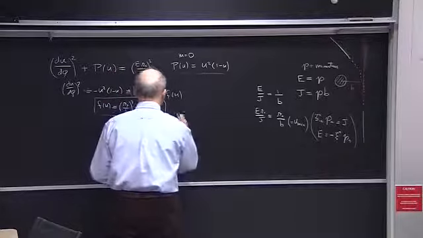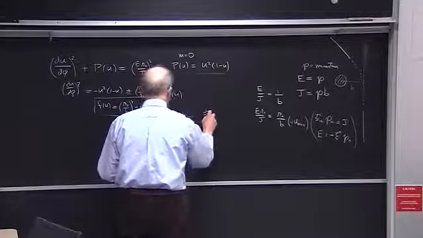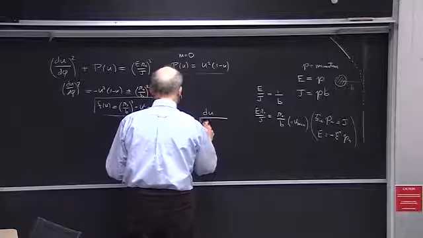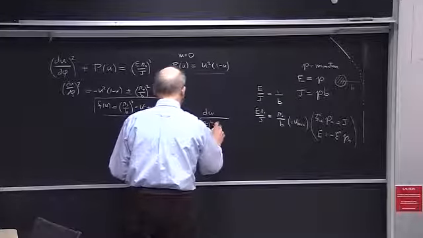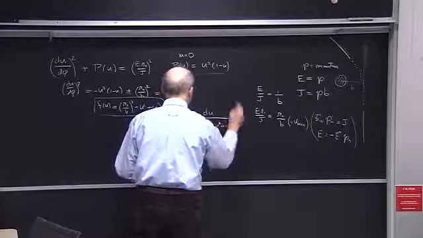Within those approximations, we get that d phi is equal to du over the square root of (r naught over b) squared minus u squared plus u cubed.